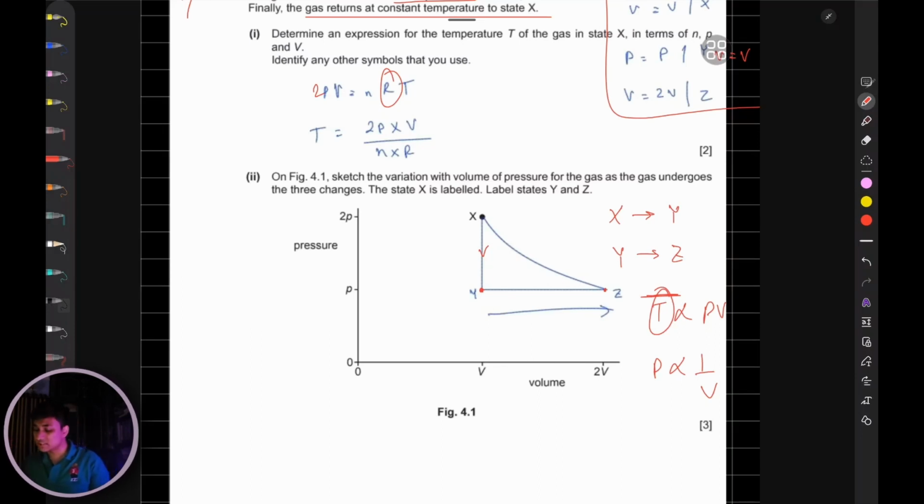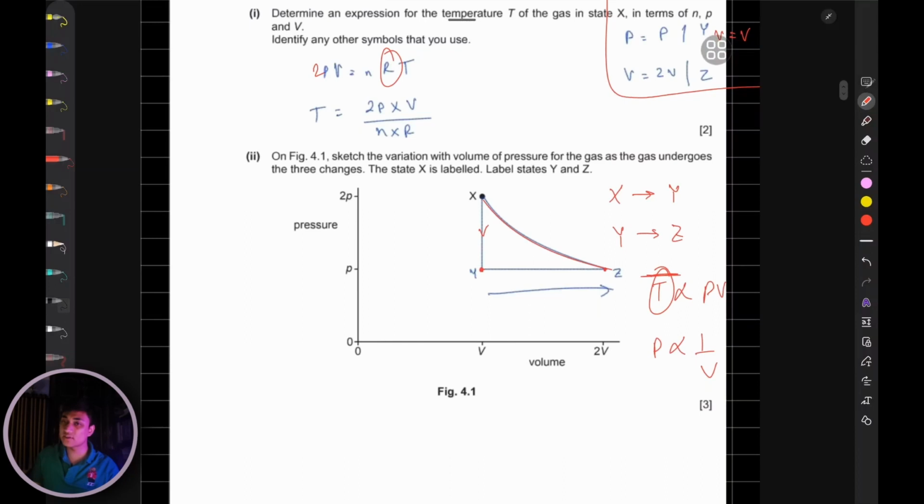That basically means you're going to have a 1 by X curve, with a shape similar to this, because the increase in pressure is inversely proportional to the volume.